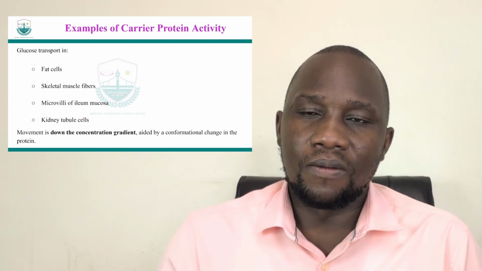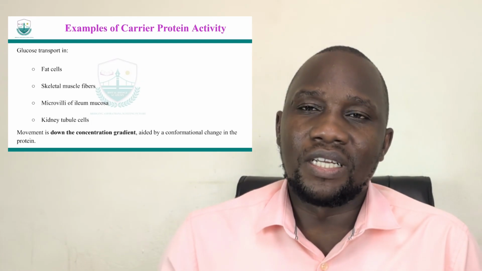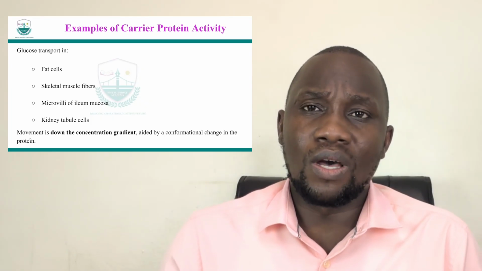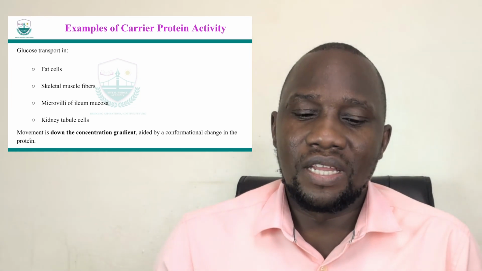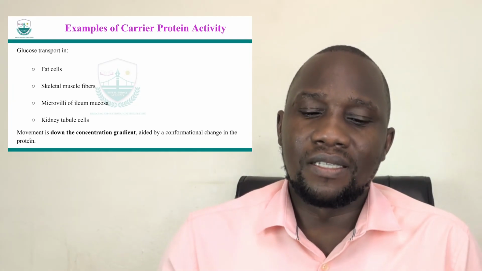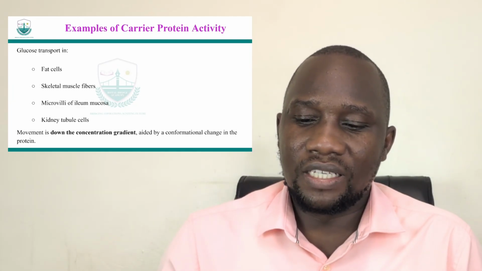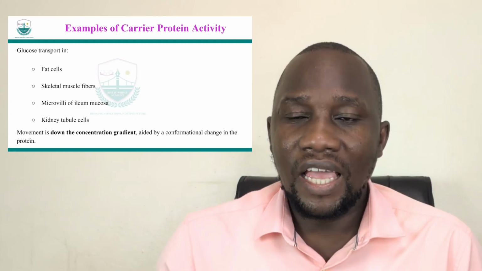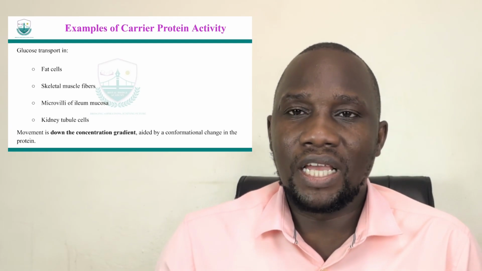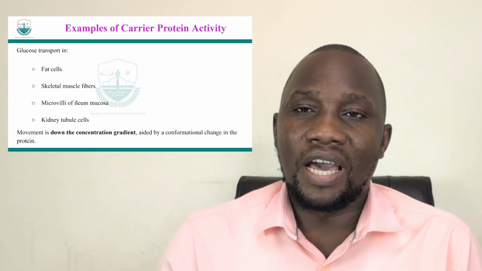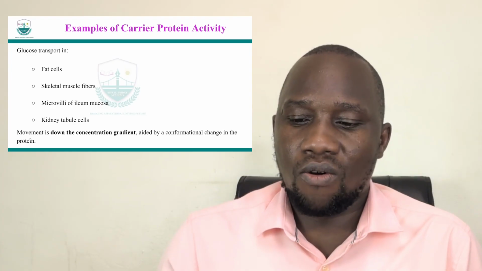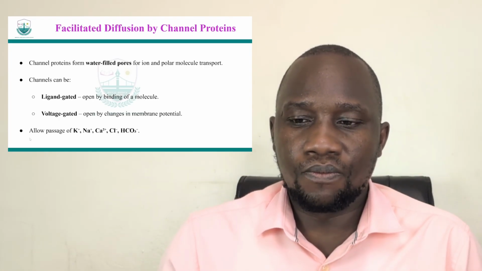It also needs to be absorbed from the intestines into the bloodstream, and the same thing also happens in the kidney tubules. Okay, so usually this is down the concentration gradient, and like we say, it is aided by conformational change. The carrier protein basically changes its structure. That's what we term the conformational change.